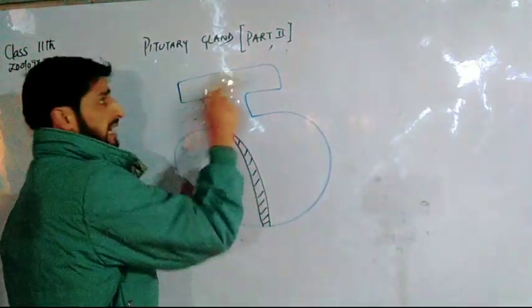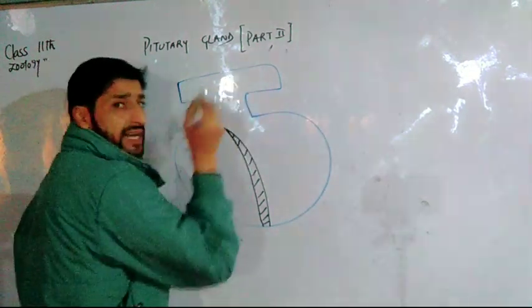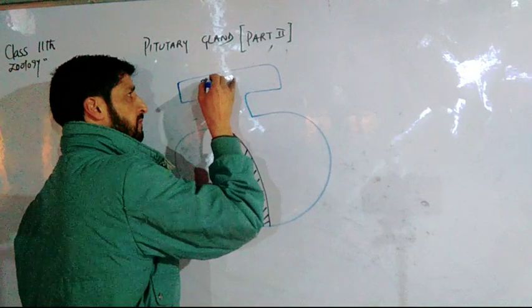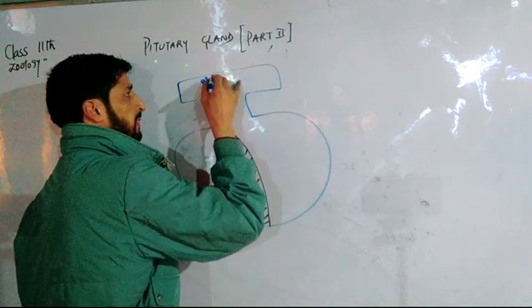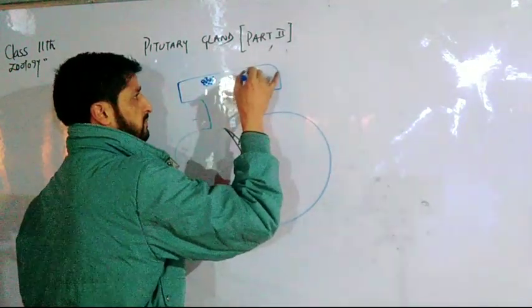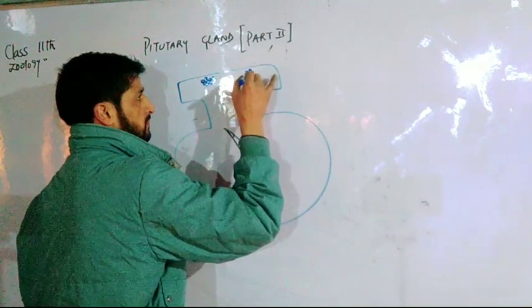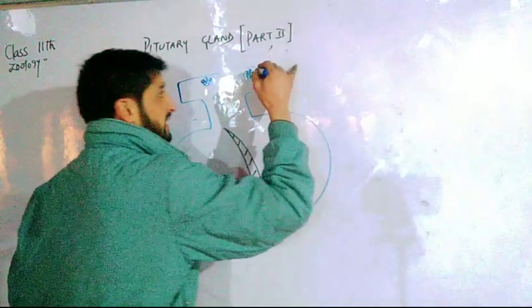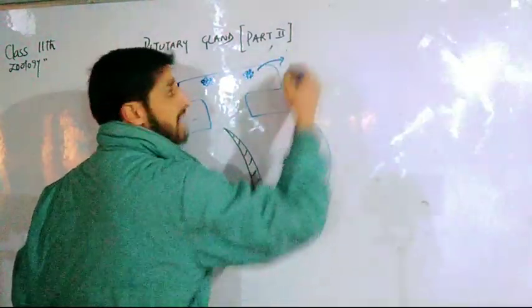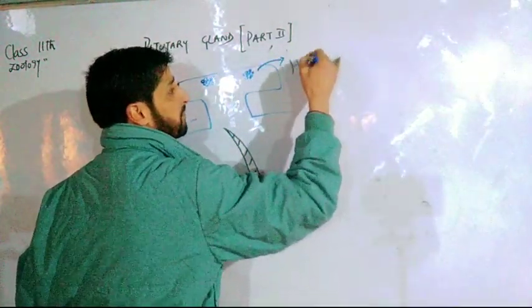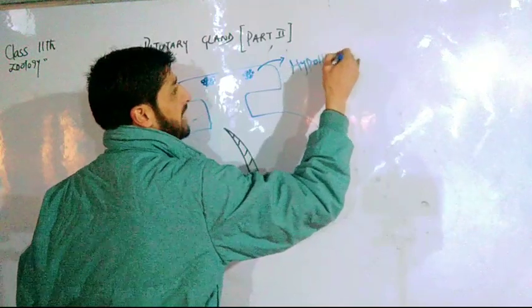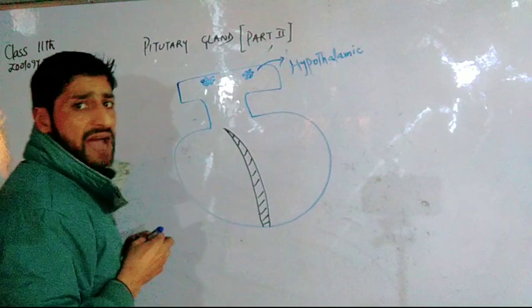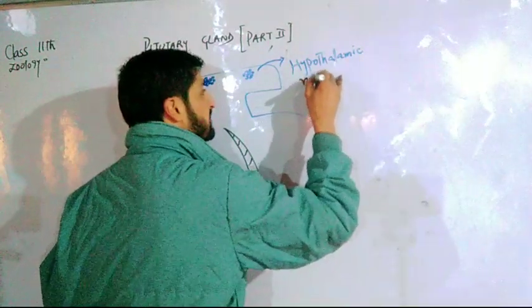In the hypothalamus, there are very special structures called hypothalamic nuclei.